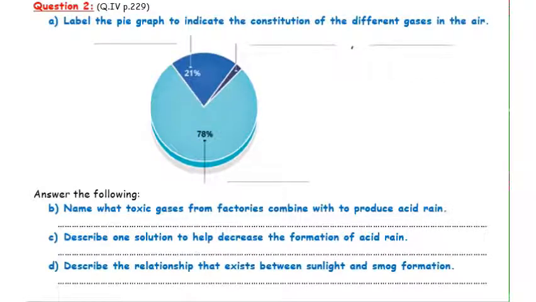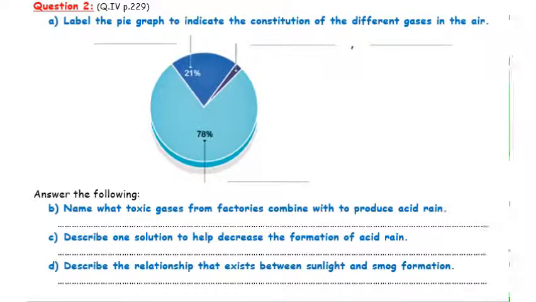Question 2 now. In this question, we have to first label a pie graph to indicate the composition of the air. What are the different gases in the air? So, as we said, air is all around us, but we can't see it. Air is a mixture of different gases. The air in Earth's atmosphere is made up of 78% what? Which gas? Nitrogen. Perfect.